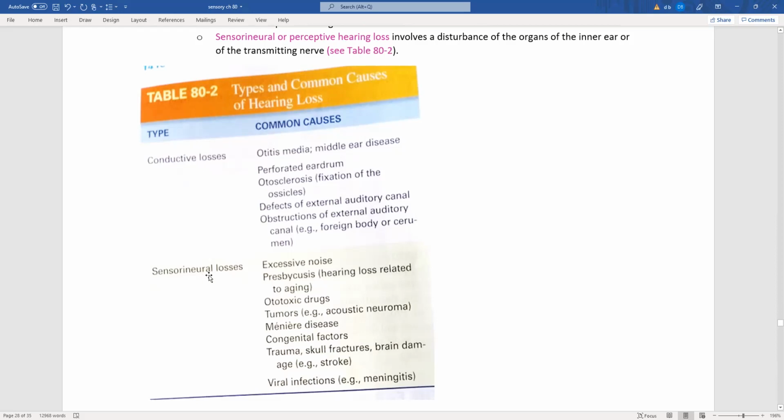Sensorineural losses. That word right there, neural, has something to do with nerves. That's going to be nerve damage. So excessive noise causes sensory losses.